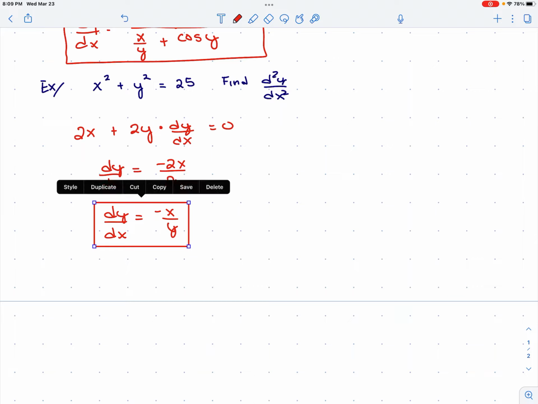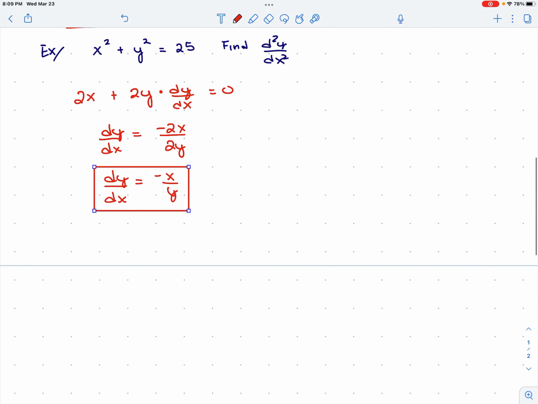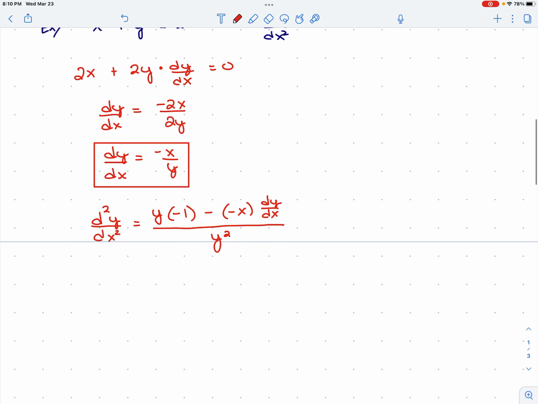And now we're going to find the derivative of that. So the derivative of the derivative is the second derivative. And then you have a quotient rule here. So the bottom times the derivative of the top, minus the top times the derivative of the bottom. So the derivative of the bottom is 1 dy/dx, all over the bottom squared.